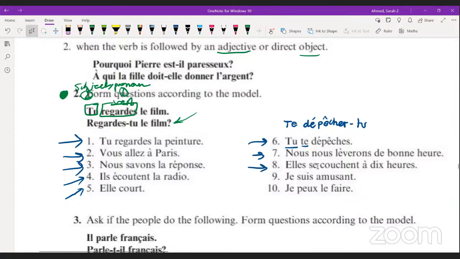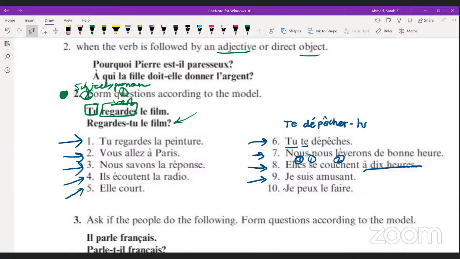So se couchent-ils à 10 heures? See how we have to say this word first, and then we say the verb, the pronoun, and the rest of the sentence. Okay, number 9. This one's easy.